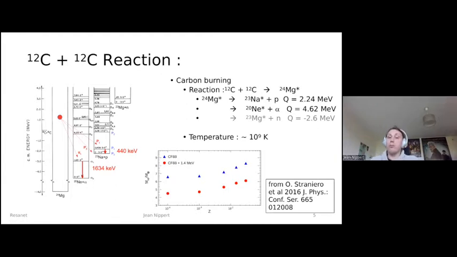In stars, those reactions will occur at temperatures around a billion Kelvin. The minimal mass for stars to start the carbon burning is a bit discussed. If you look at this graph showing the minimum mass to start the carbon burning as a function of the metallicity, you have two principal pieces of information. First, it depends on the metallicity.